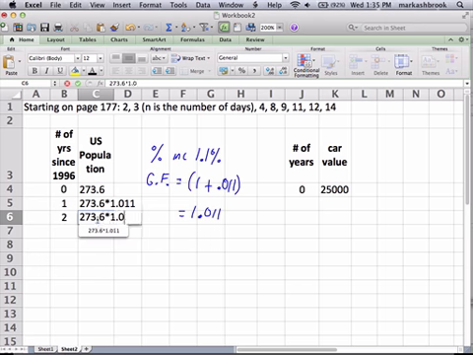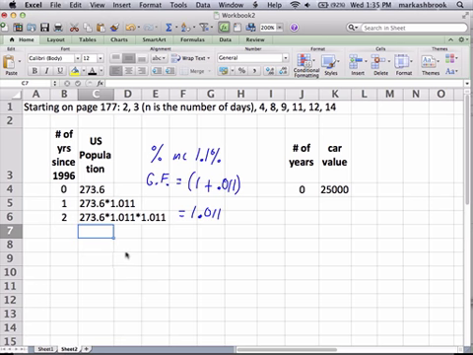So here's the year before. What do I do to the year before to get the next year's population? No, the year before. How do I get the next year's population from the previous year's? Multiplying it by 1.011. That's right.